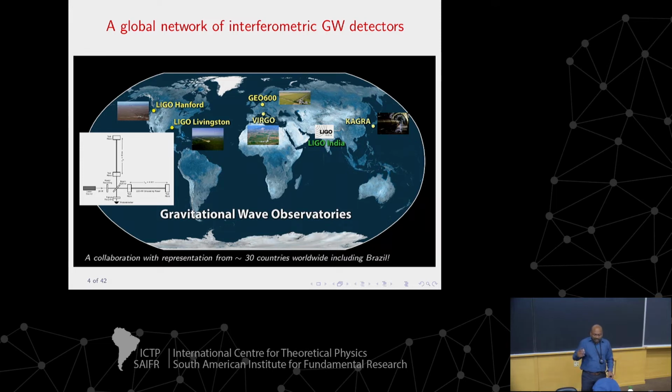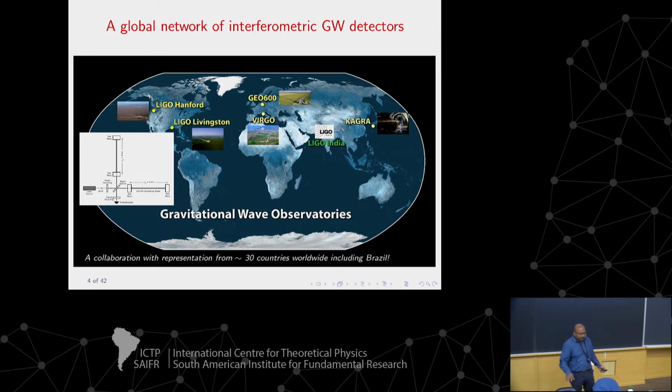And a 5th science detector is planned to come up in India. The data from all of these detectors is analyzed by a global collaboration from around 30 countries all over the world, including Brazil here.